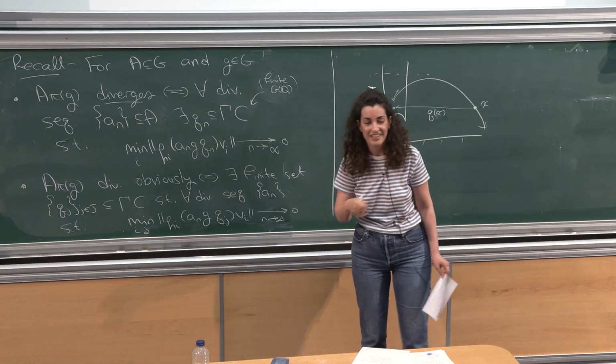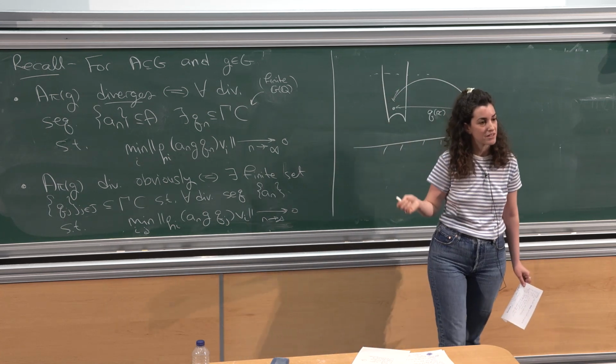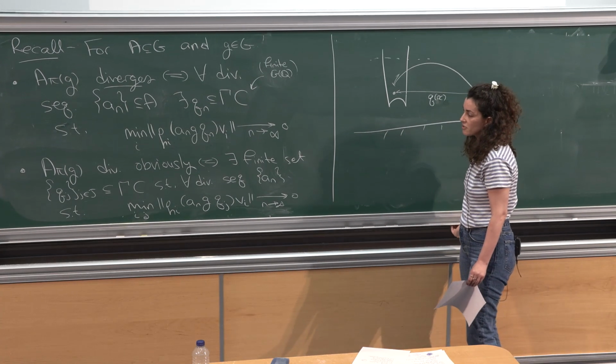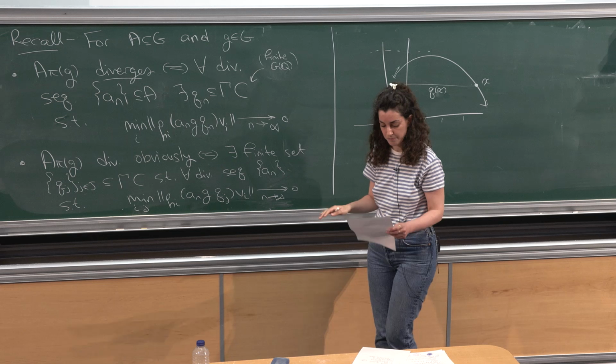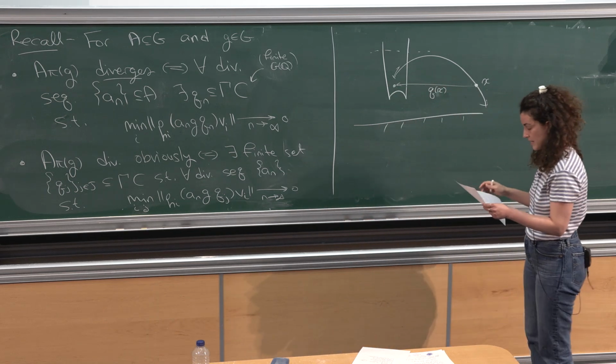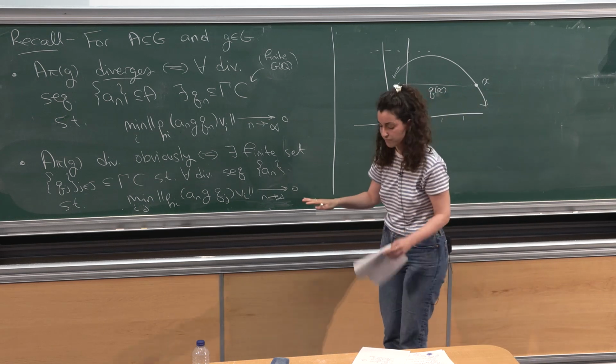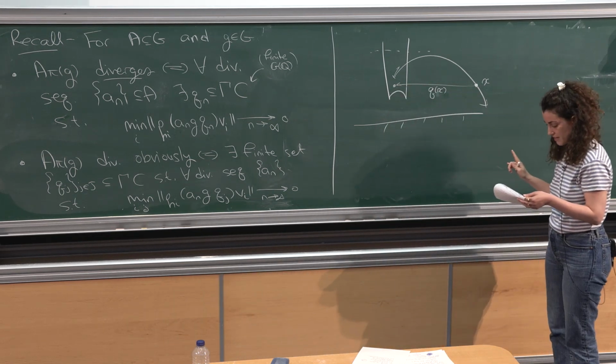So your orbit lives within one domain. Okay, so this is the difference between these two notions.